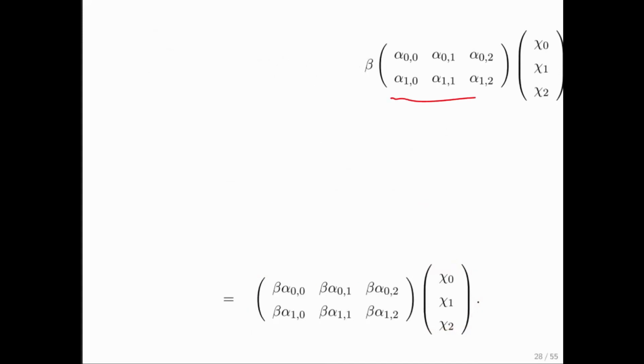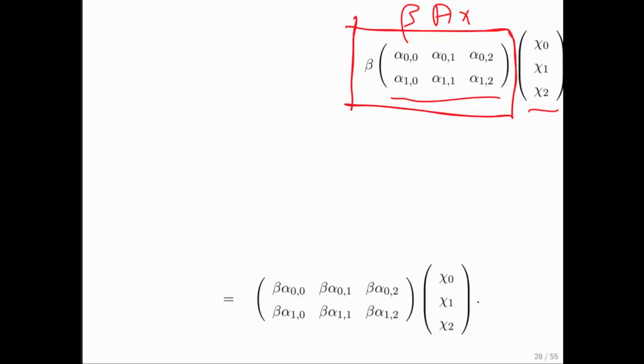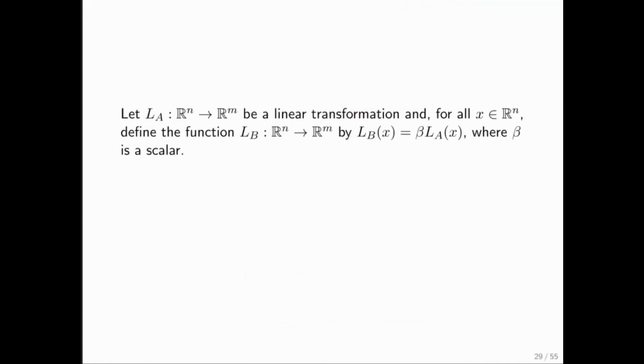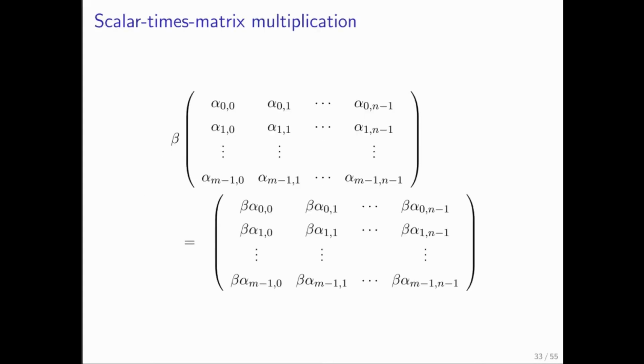And then you can say, oh, but if we started with beta times this matrix times this vector, so this is beta times A times x, then we can ask the question, what matrix comes from multiplying A by the scalar beta? And what we see is that that's this matrix right here. We're going to let you do this more generally in a homework exercise. A scalar times a matrix simply means that you take the individual elements of the matrix and you scale them by the scalar.